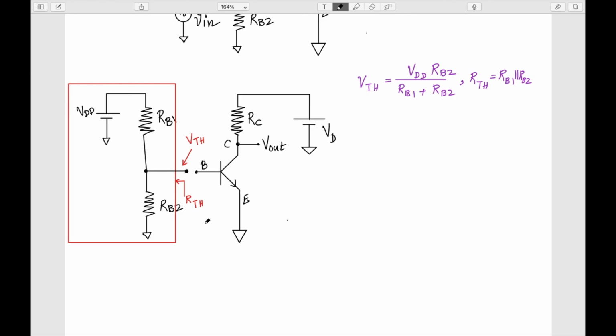So let's try to draw the whole thing again. I have my VTH here, and we have this resistance RTH, and of course I have this network.